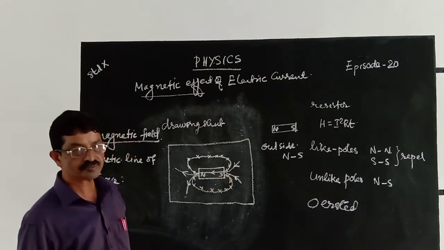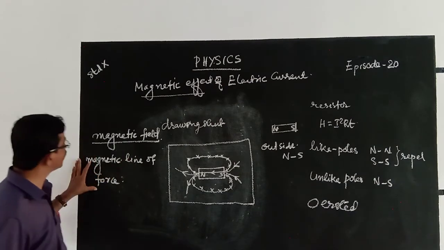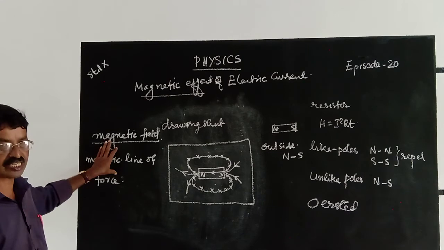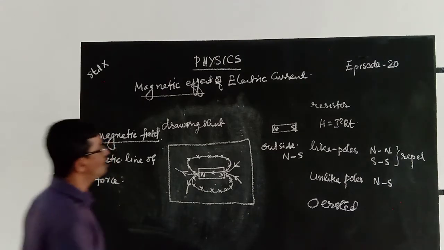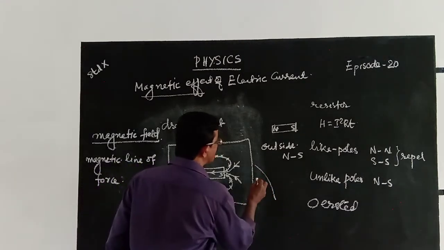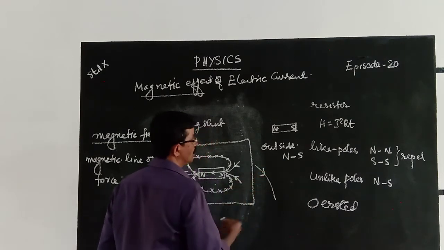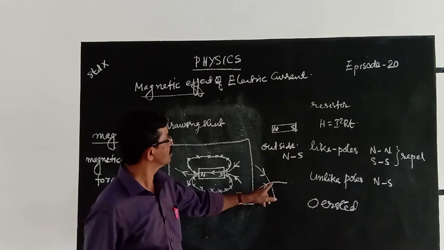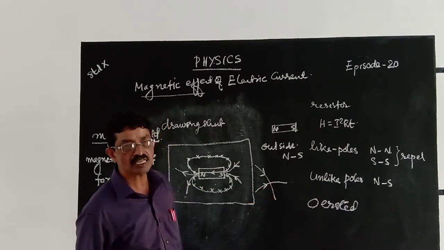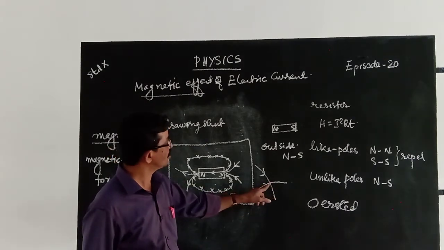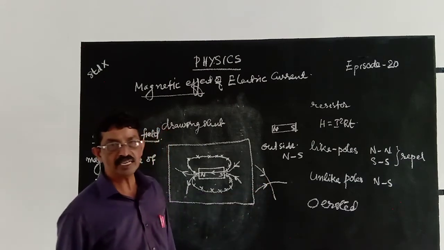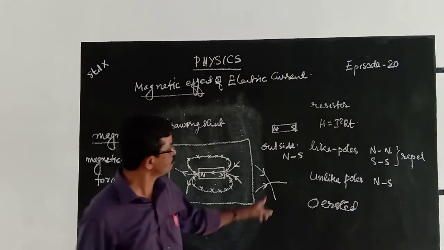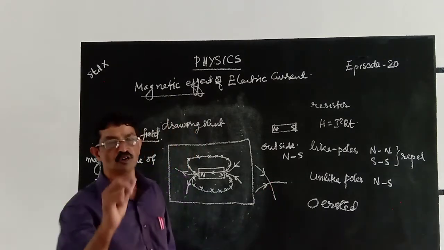Now see, these magnetic field lines never intersect or cross each other. This one magnetic line of force and this other magnetic line of force never intersect. Why? If these lines intersect, at that point the compass would show two directions.